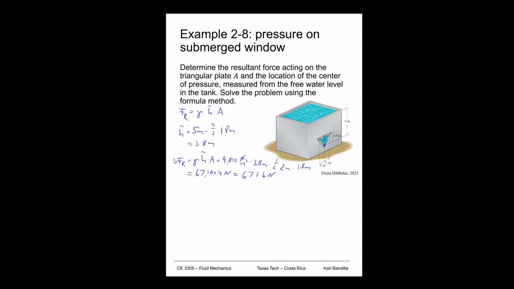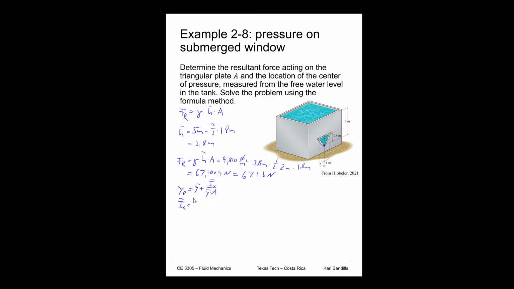All right, and then to find our location, we say that y_P is equal to y bar plus I_x bar over y bar times A. Most of these things are easy to find. The more complicated one is, of course, the moment of inertia, so we'll start with that first. I_x bar: in our case, we have a triangle, and we're going along the center line, so that's easy.